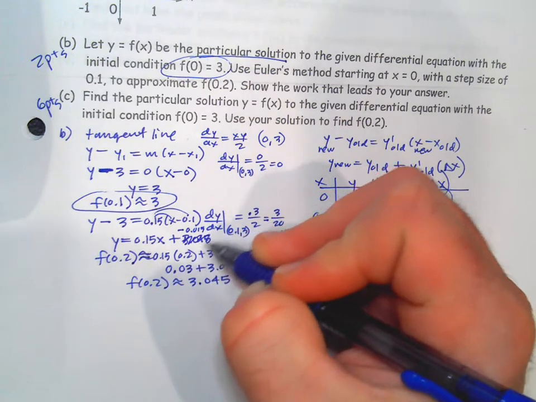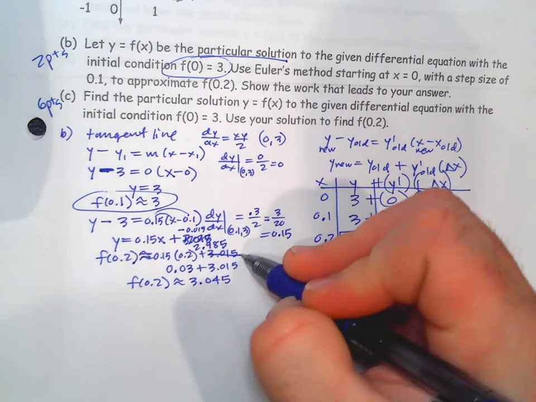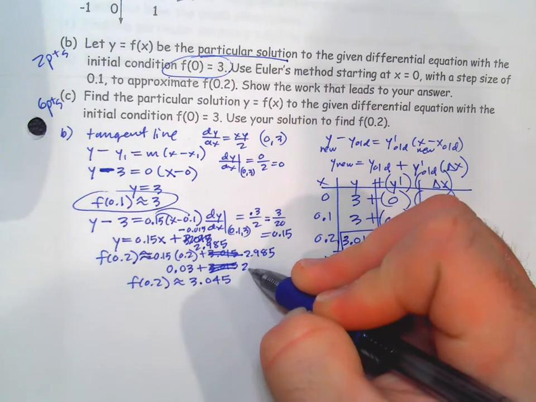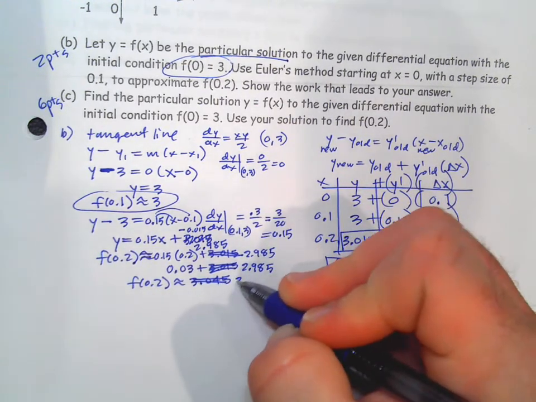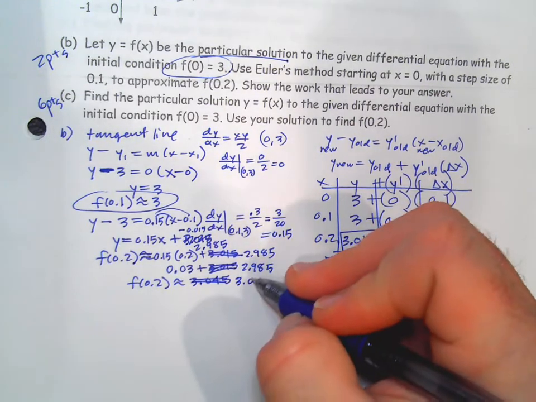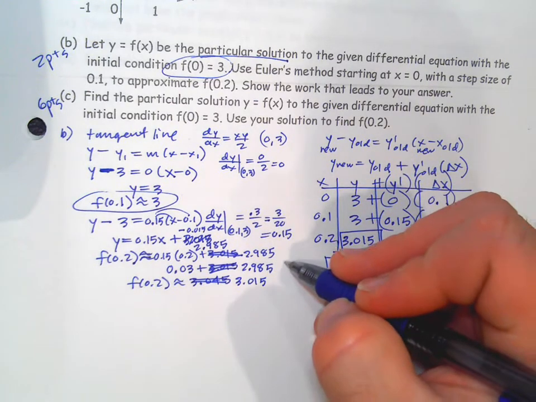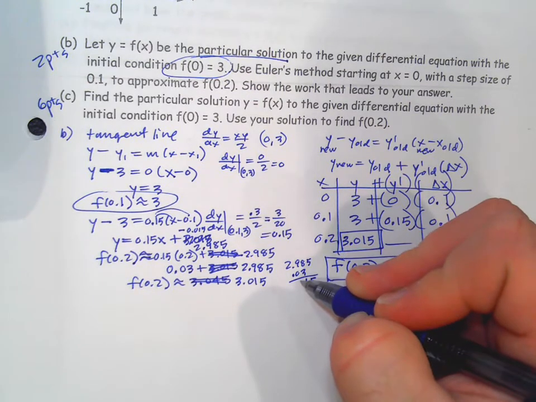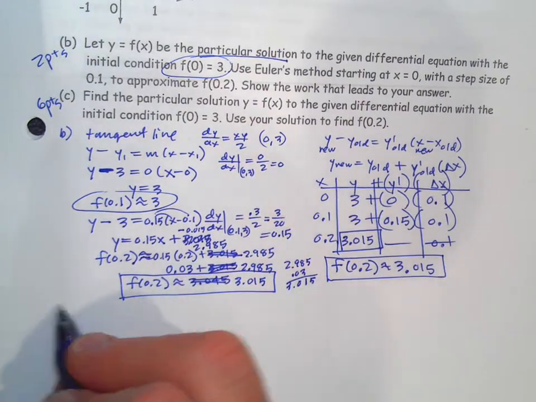So this should be 2.985. If you add 0.03 to this, you get 3.015. So you add 2.985, add 0.03, get 5, 1, add it to that, 10, carry it. There we go. So, little mistake.